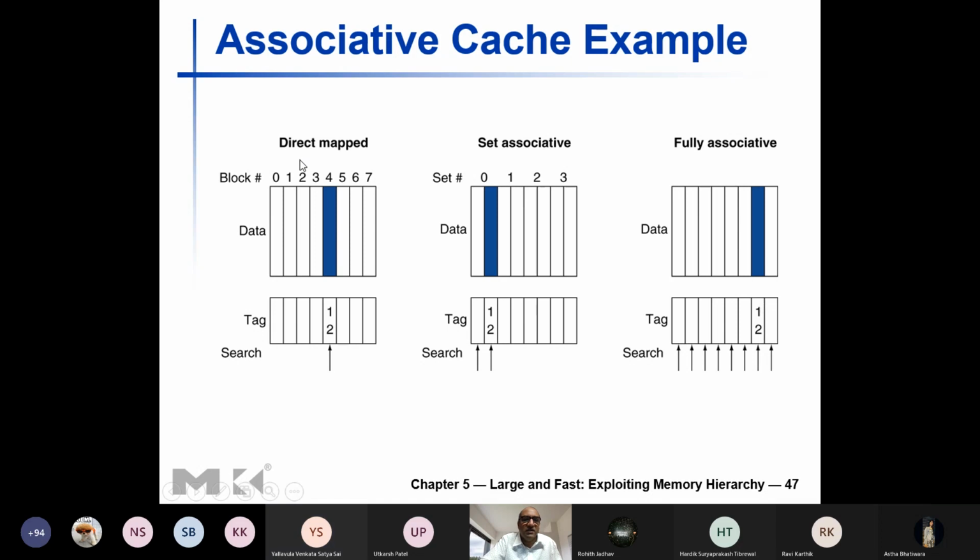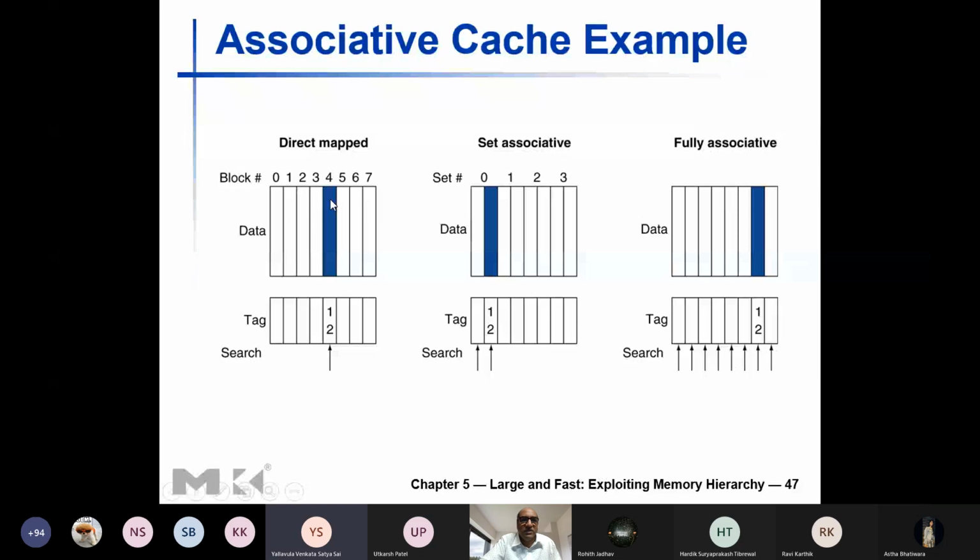Assuming the cache size equals 8 blocks, where a block equals 1 word, and the main memory contains 32 words, it means that four words in the main memory compete for a single location. For example, if we choose this blue location, it is competed for by four words in the main memory. For all those four words, this is the only location where you have to place them if required.